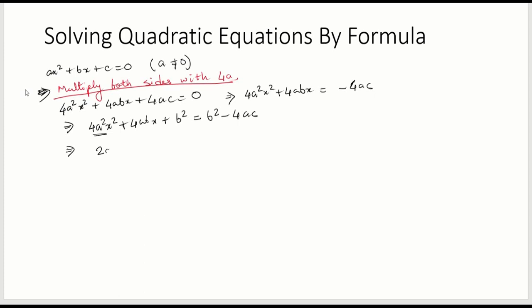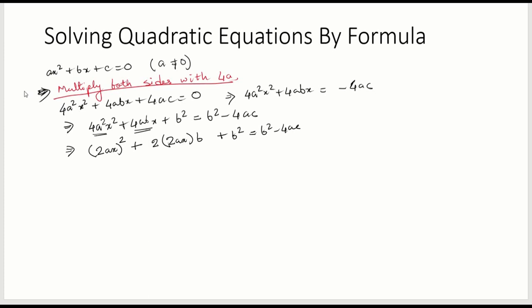Let's write it as 2ax squared. Then the next term is 4abx. We can write it as 2 into 2ax into b. The third term is b square. We write it as b square equals b square minus 4ac.